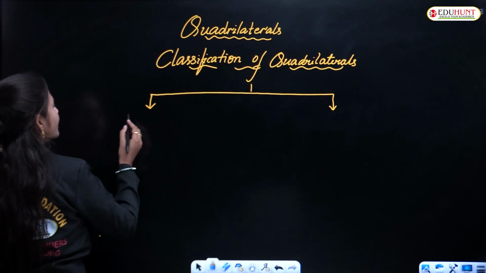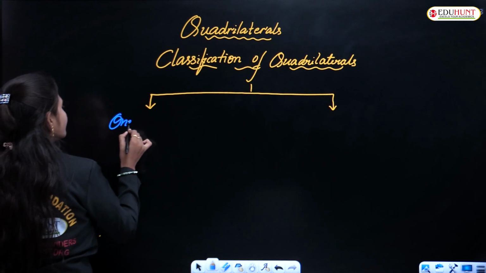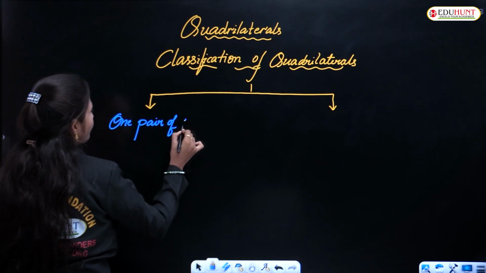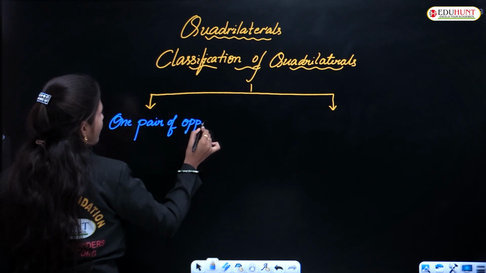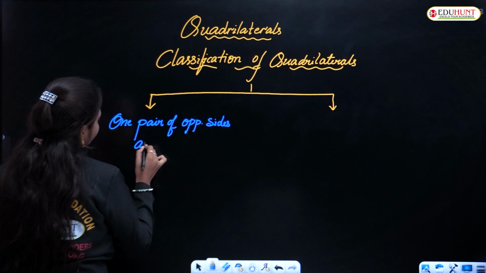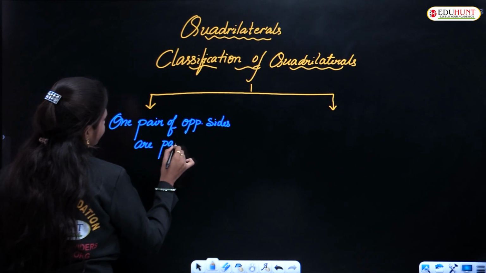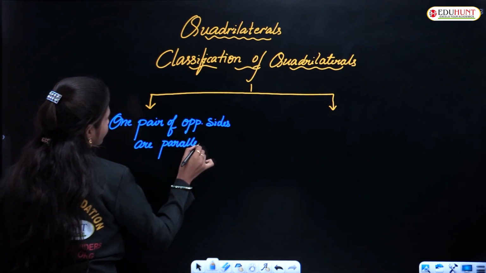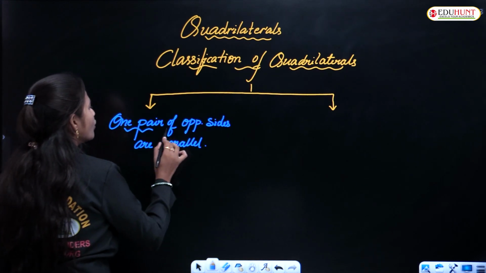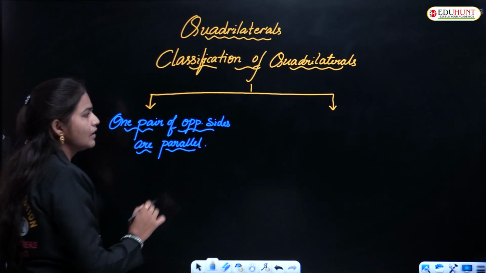So first one, one pair of opposite sides are parallel. Okay, so the first one depends on one pair of opposite sides being parallel.